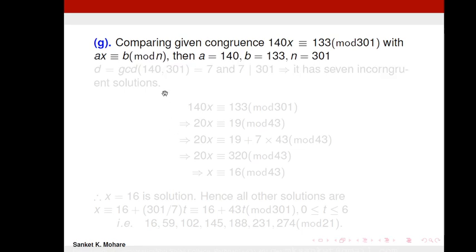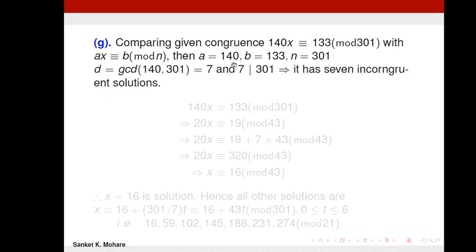Now next example, comparing the given congruence 140x congruent to 133 modulo 301 with ax congruent to b modulo n. Then a is equal to 140, b is equal to 133, and n is equal to 301.